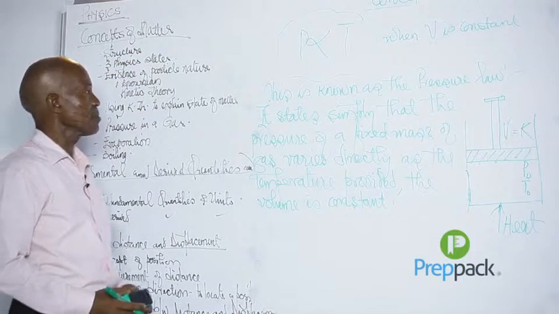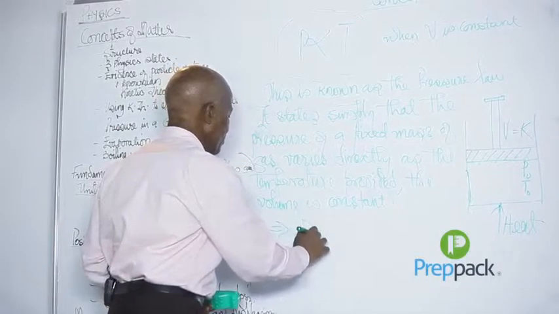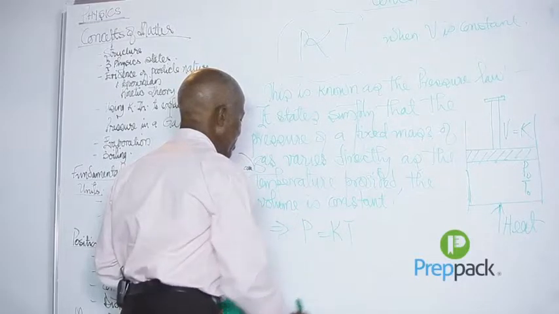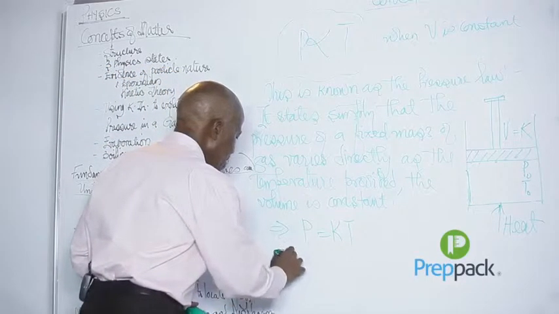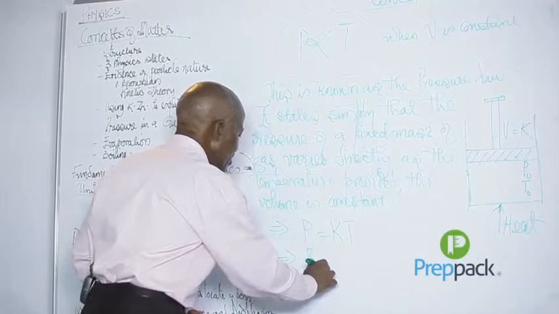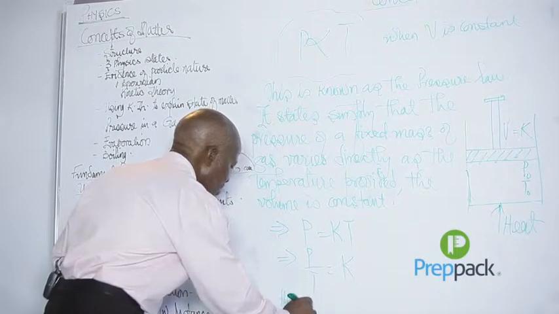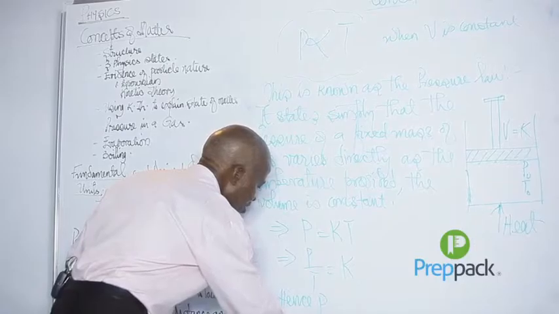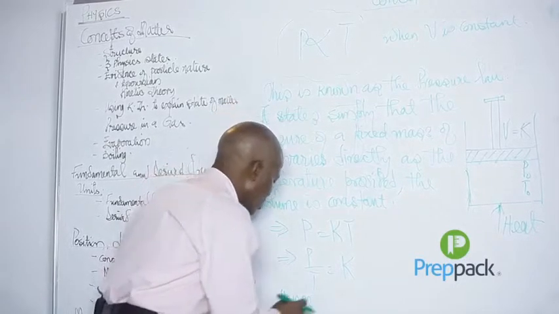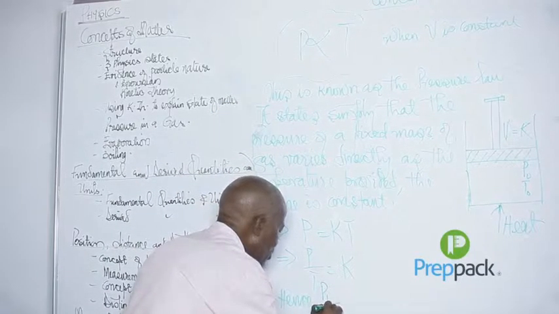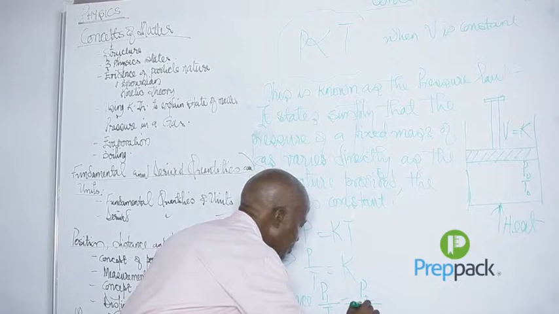Right. So over here, what can we do? This implies that P equals KT, which implies that P over T is equal to K. Hence, we can see that P1 over T1 will be equal to P2 over T2.